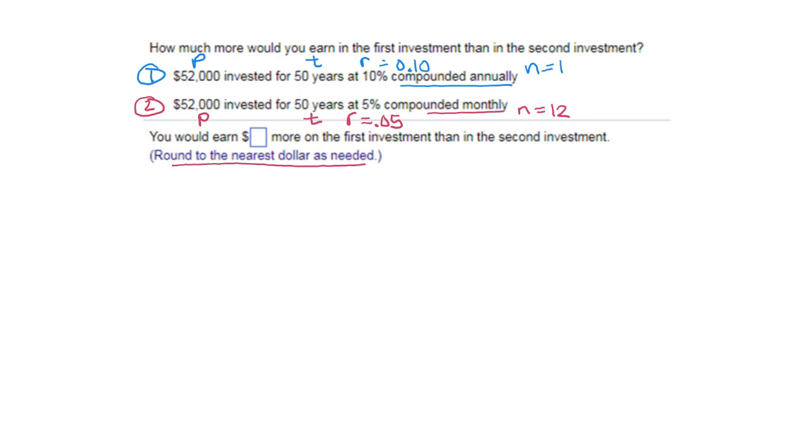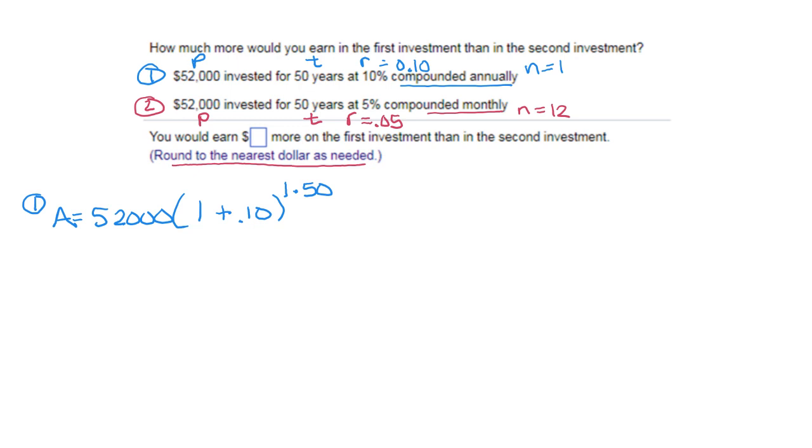For number 1, I'm going to look for my future value. I have $52,000 times 1 plus, and remember if it's compounding once a year, I'm using the simplified formula, and this is 1 times 50, or just 50.